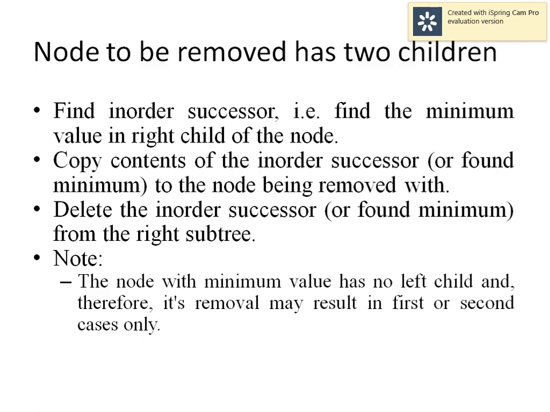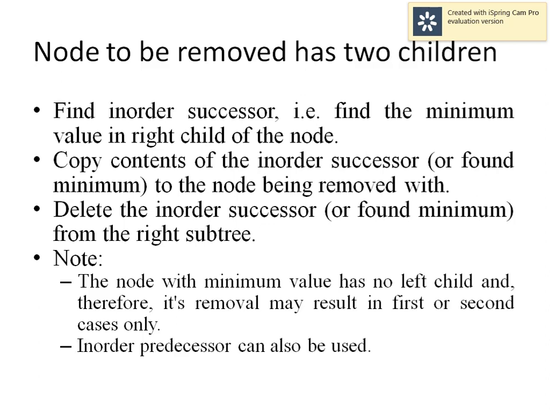If the left child is not present, then either the right child is present or not. If the right child is not present, the node is a leaf node. Otherwise, if it is present, we have converted the case into the previous case, that is, deletion of a node with a single child.